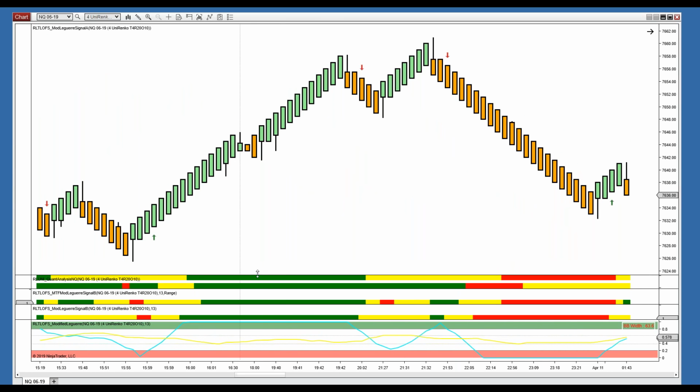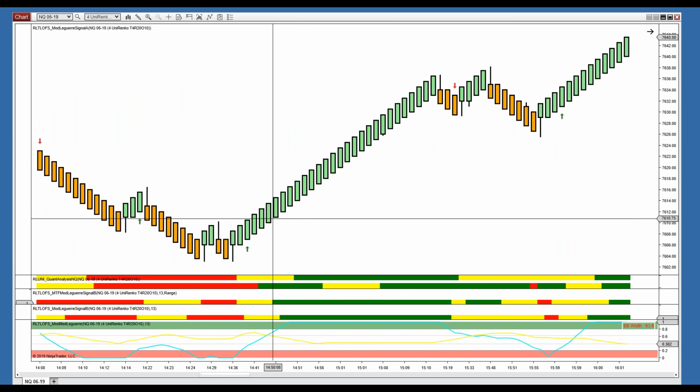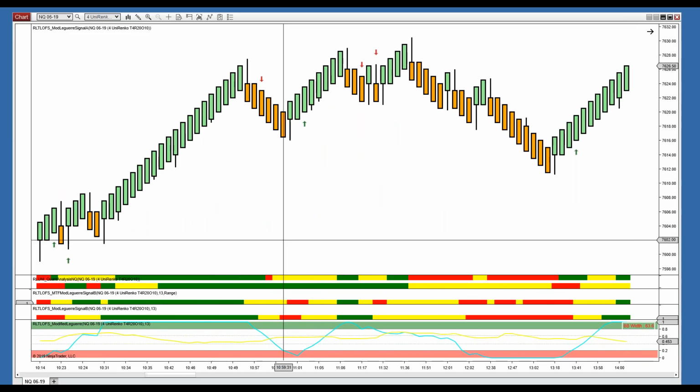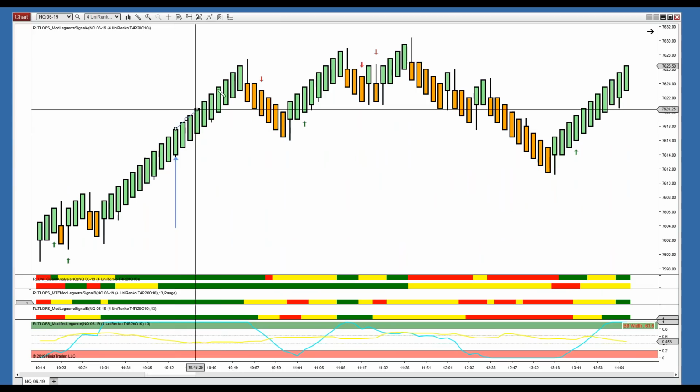And here's your perfect entry right here. I'm not looking at the time. I'm just trying to look for a pivot. There's a pullback and a continuation, and there's your entry long.